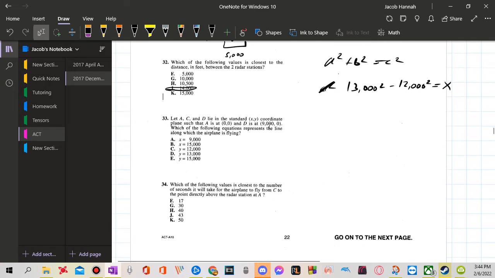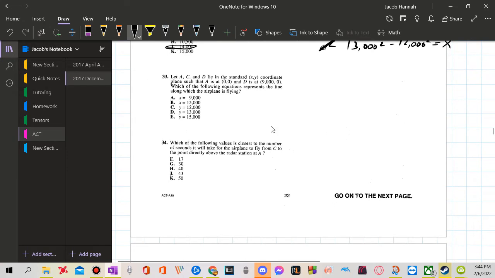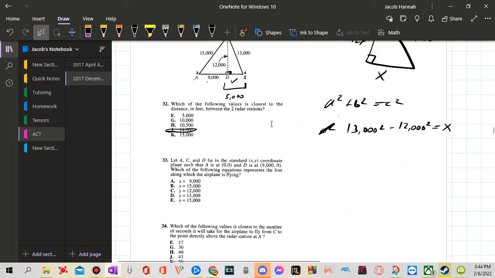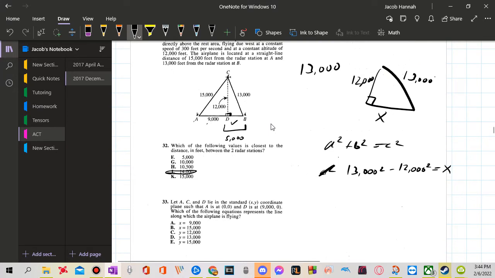Okay, so moving on. Let A, C, and D lie in the standard x and y coordinate plane, such that A is at 0, 0, and D is at 9,000, 0. Which of the following equations represent the line along which the airplane is flying? Well, A is at 0, 0.